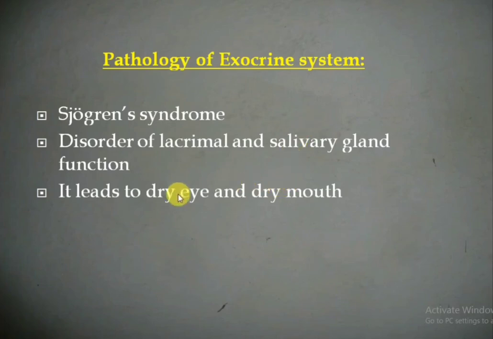Dry eye means the patient will be unable to close the eye like a normal person, because a normal person always has some watery fluid in the eye. But in this condition the patient has a dry eye, which causes a lot of pain. Similarly with dry mouth, the patient will be unable to chew properly. So this is the condition of Sjogren's syndrome. And this is all about the exocrine system.